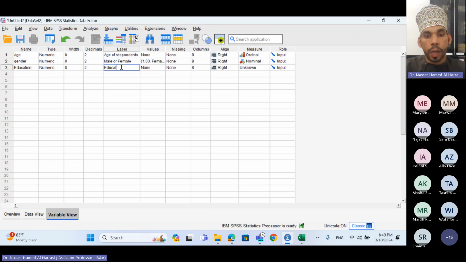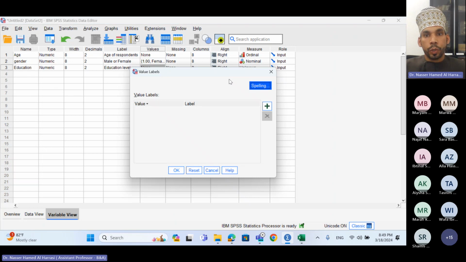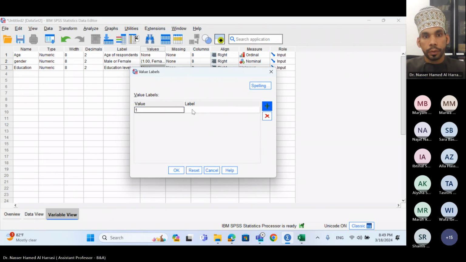Here we are going to write the education level. Again, we will do the same process. 1 equals high school. Am I right? Then number 2 equals bachelor degree.